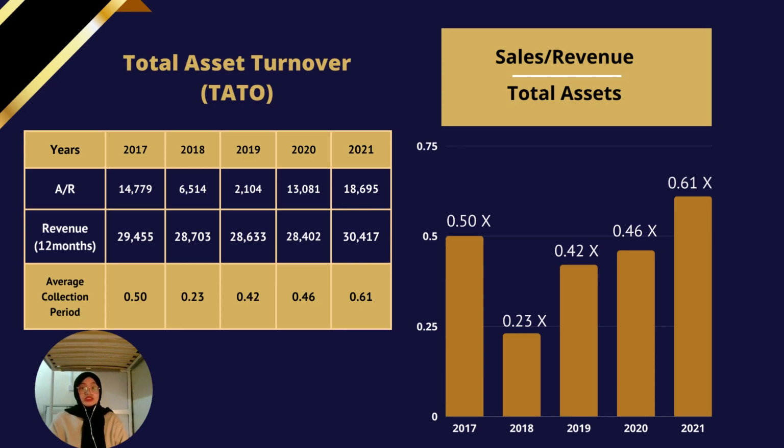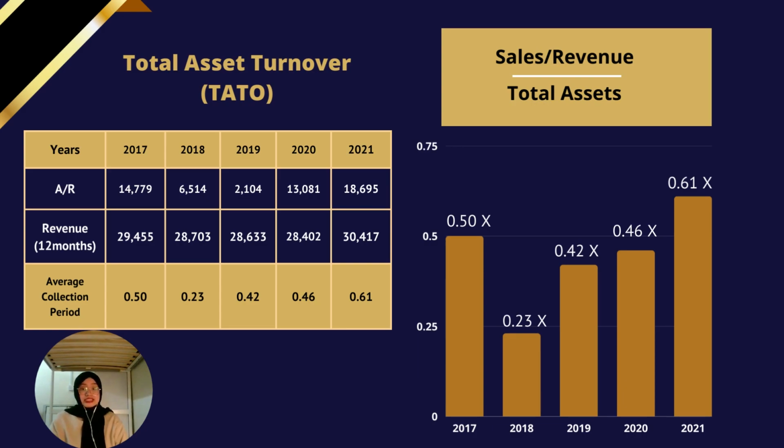So this resulted in lower total asset turnover for the past 5 years. Sime Darby has a lower ratio, which may be due to poor utilization of its assets, poor collection methods, or poor inventory management.